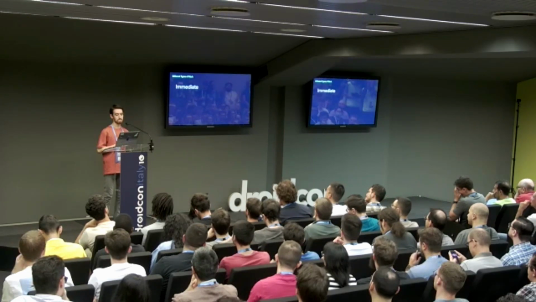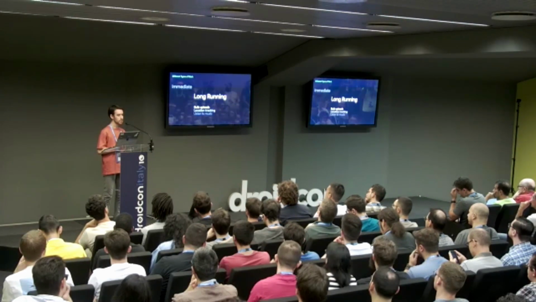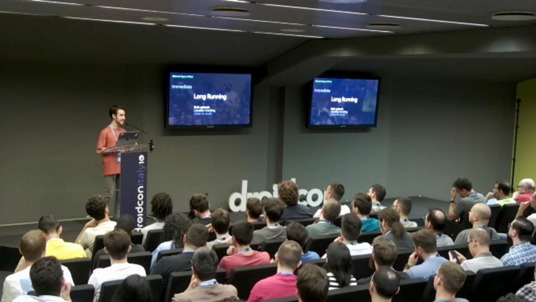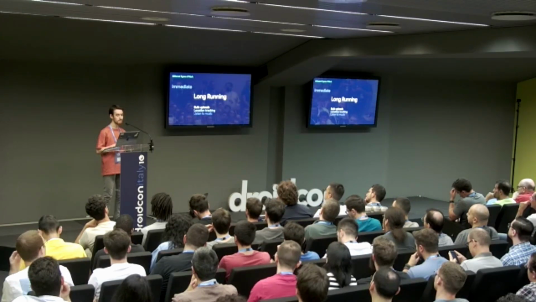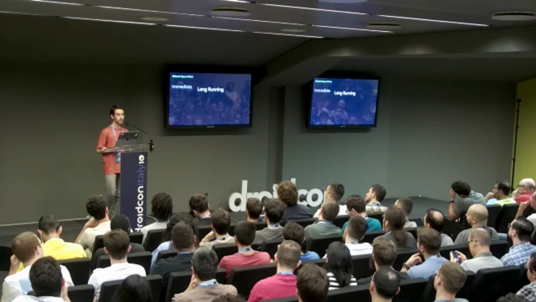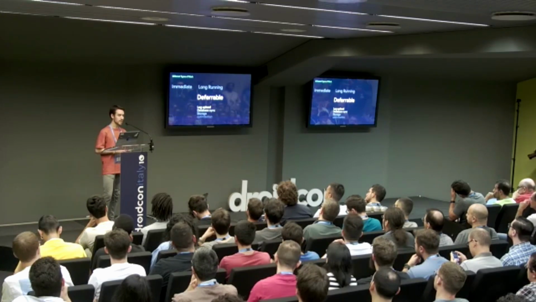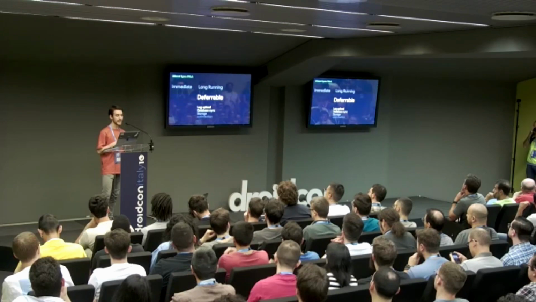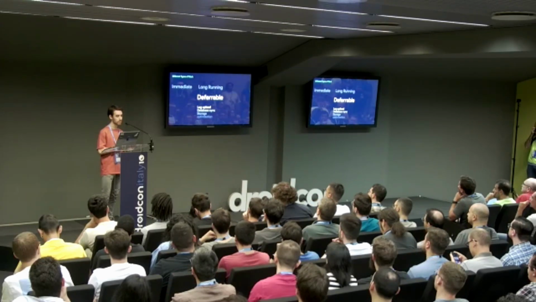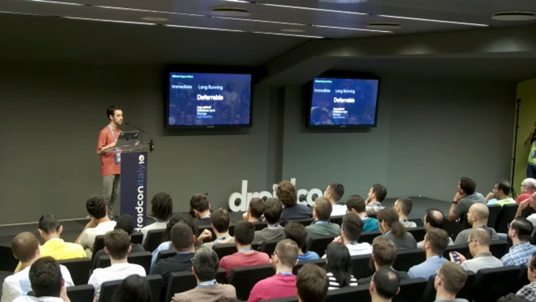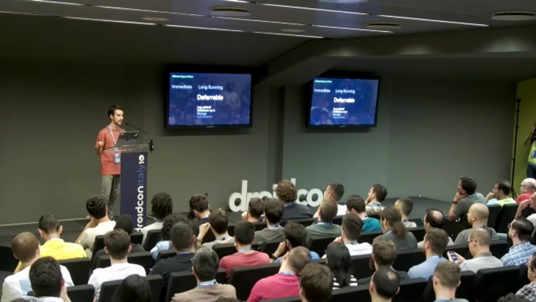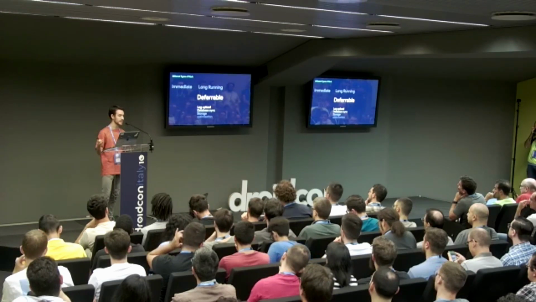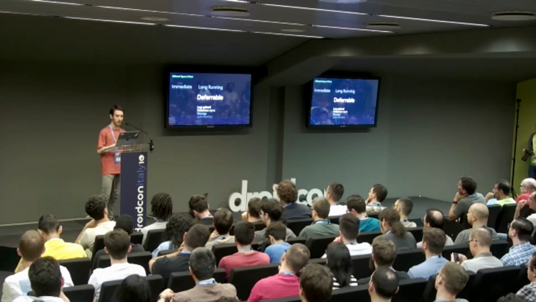Also, we have long-running work, which is work that takes more than, let's say, 10 minutes to complete. And finally, we have deferrable work. With deferrable work, it doesn't really matter the exact time in which you schedule that work, but you just make sure that the work gets done eventually on the OS in a window of time.